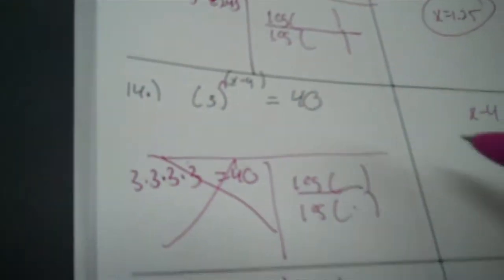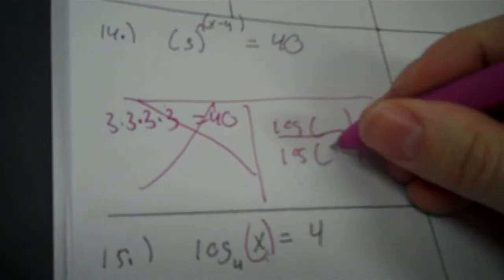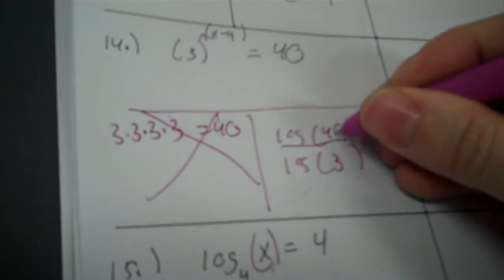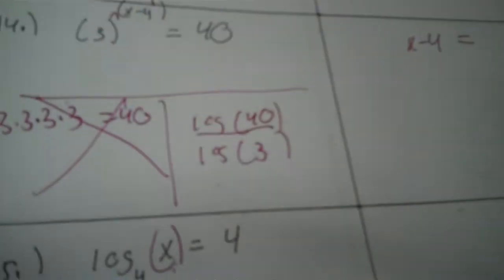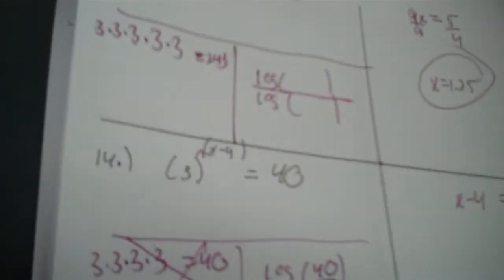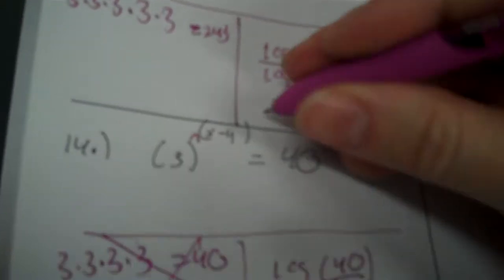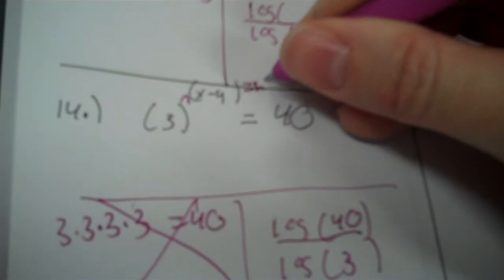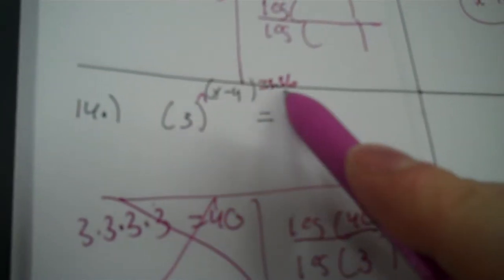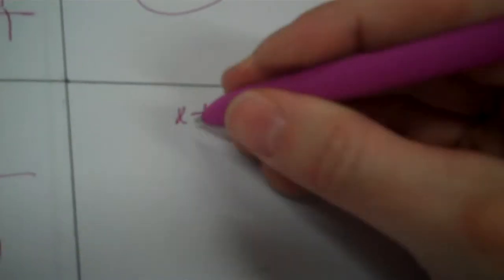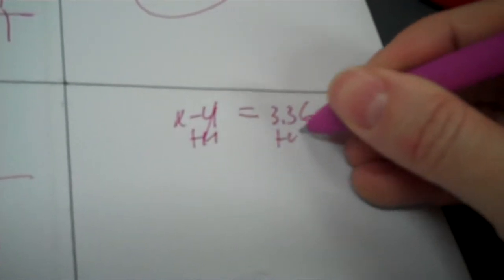That did not work. So what I need to do is put 3 on the bottom, 40 on top. So I take log 40 divided by log 3. Okay, 3.35 or 36, so 3 to the 3.36 power is approximately 40, so I put 3.36, add 4, and I have my answer.